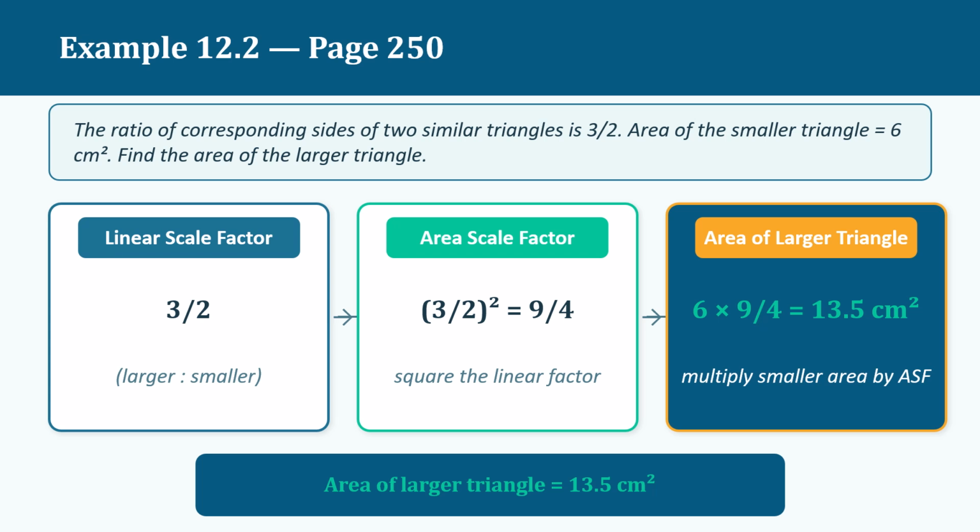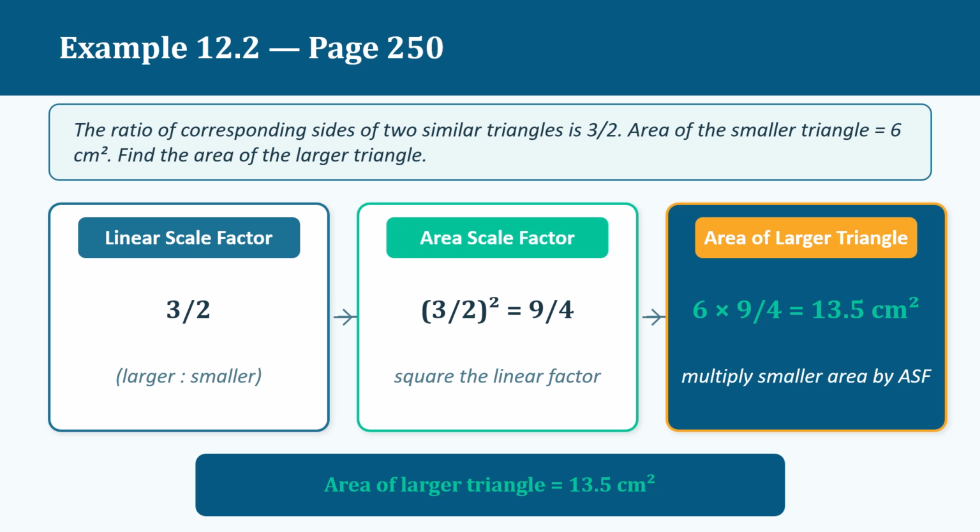We are being told that the ratio of the corresponding sides of two similar triangles is 3/2. The area of the smaller triangle is 6 centimeters squared. Find the area of the larger triangle. The first statement gives the linear scale factor for those two similar triangles, which is 3/2. So for us to get the area of the larger triangle, we need the area scale factor.